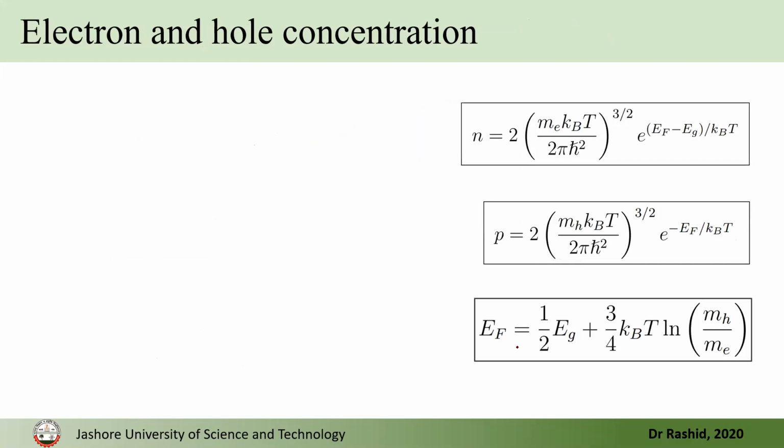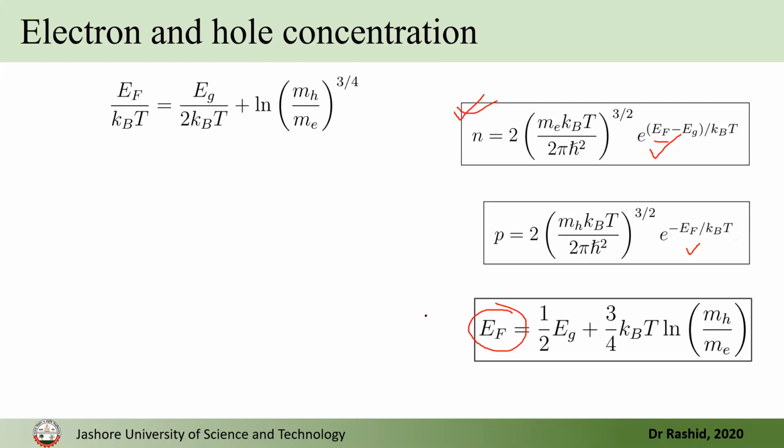Now, we want to get rid of energy EF here. So we want to substitute the value of EF here, or we can do it here also. This should be the same because we know that N equals P. Let's substitute it here. So we want to rearrange it again so that we can just substitute here.